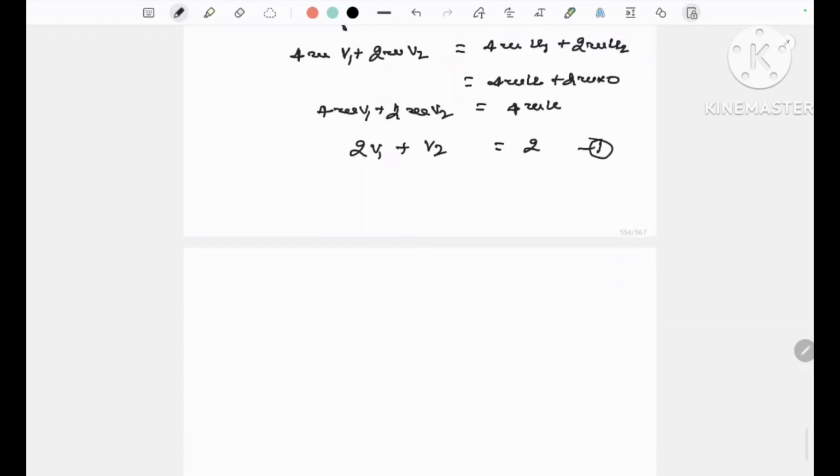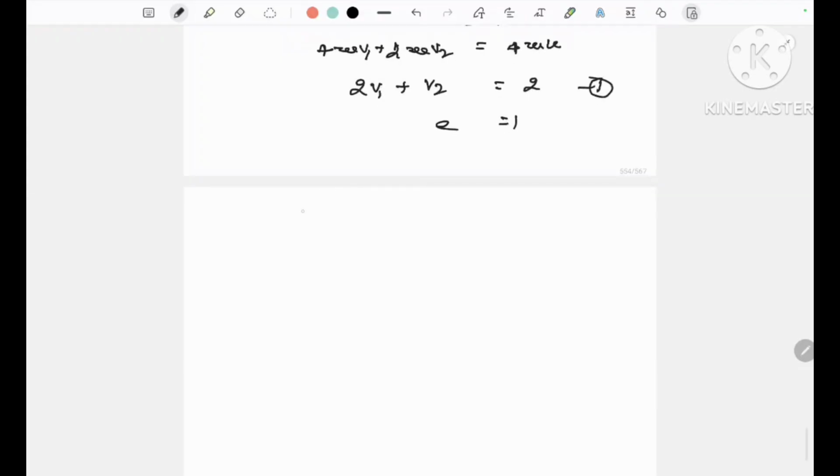Collision is head-on and elastic, hence coefficient of restitution e is 1. So e is velocity of separation upon velocity of approach.